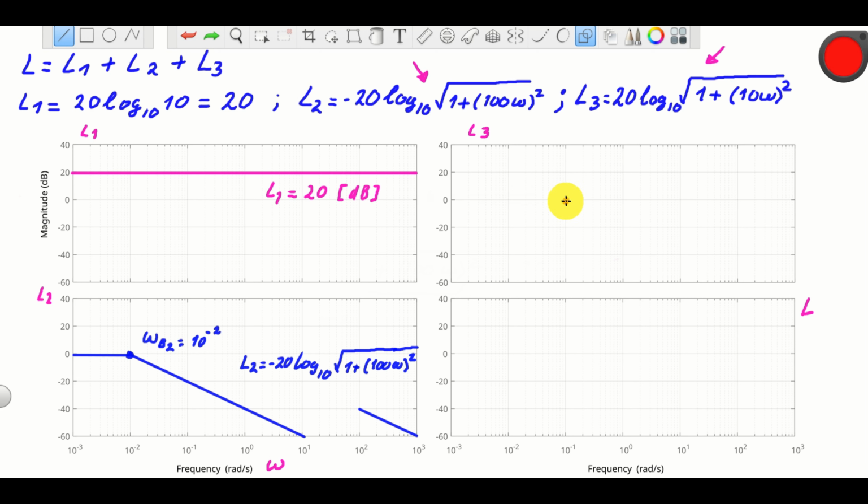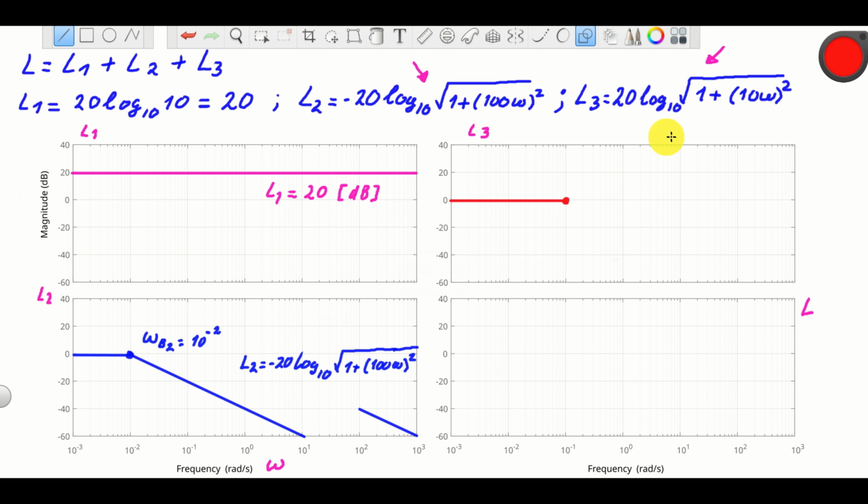Let me nicely write it. Here is the asymptote. Again, when omega is much smaller than 10 to the minus 1, this whole term can be neglected, that is, it becomes 0, and over here we'll have square root of 1, and 20 logarithm of square root of 1 is simply 0.